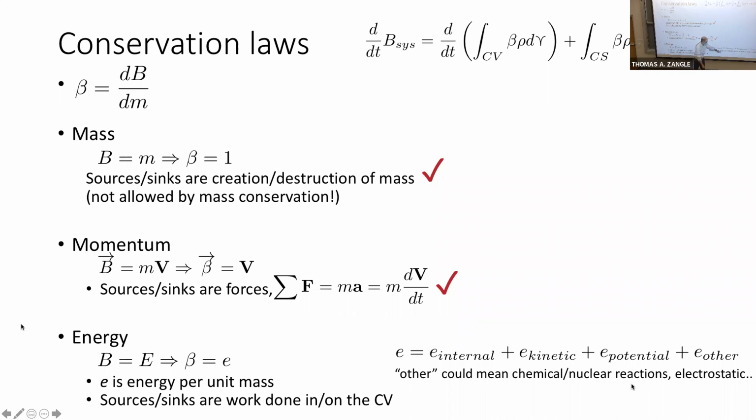Other could be chemical or nuclear reactions, electrostatic interactions, or other things. We're mostly going to be ignoring those. Those are for other classes. So we're going to look at internal energy, kinetic energy, and potential energy within a fluid. And now this balance equation will let us track how those things change through control volumes.